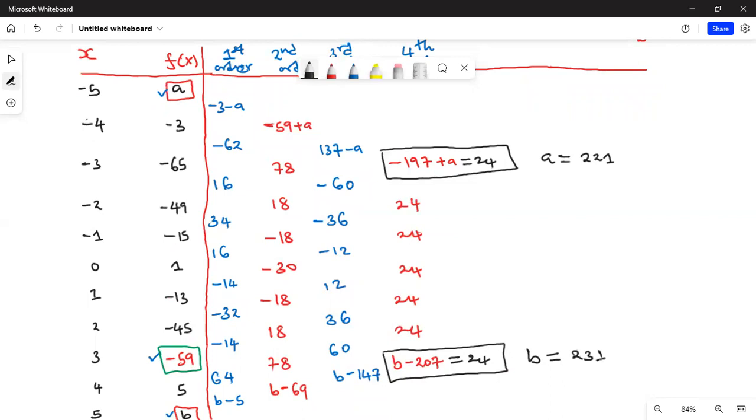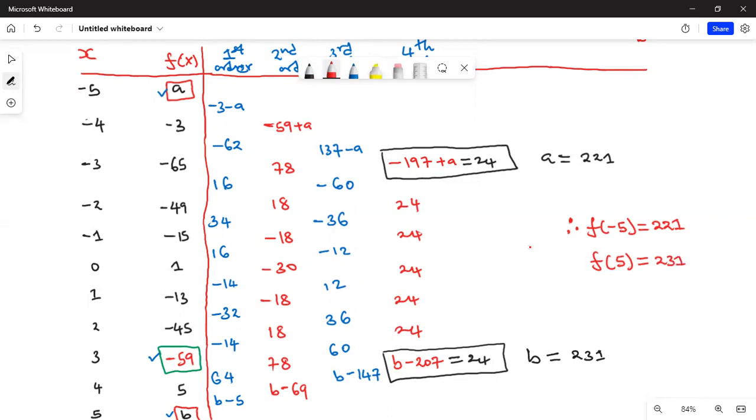So now we know the value of f when x is negative 5. So you can just say therefore f of negative 5 is equal to 221, and f of 5 is equal to 231.